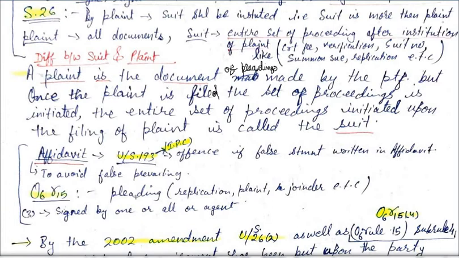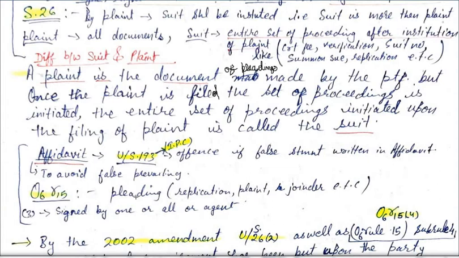As per Order 6 Rule 15, verification is a must, but at the same time, now by the 2002 amendment they have added this second clause to Section 26, and it is the fourth clause in Order 6 Rule 15, which has also been added by the 2002 amendment.